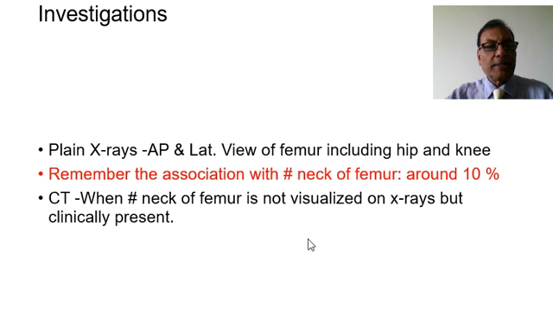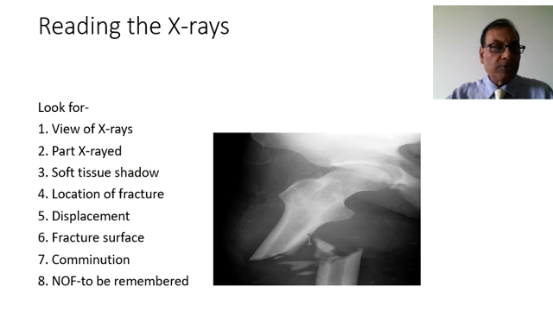Investigation, most of the time, it is a plain X-ray, AP and lateral view of the femur, including hip and the knee. When you are describing the fracture shaft of the femur, don't forget to look for association with the fracture neck of the femur, which is around 10%. CT is rarely required, not a routine investigation to be done.